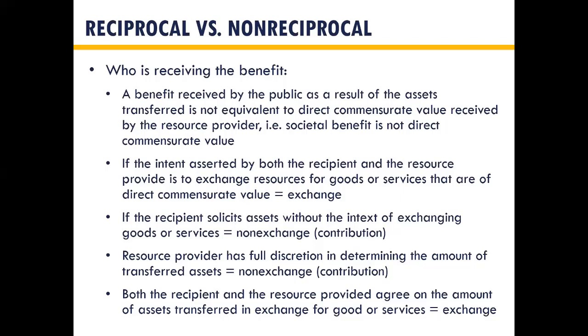So a couple real life examples to put this into perspective. If a nonprofit is receiving money from the government to educate the public on dangers of texting and driving, the general public is the one that's receiving the benefit in this transaction. So there's not direct commensurate value, and that would be considered a non-exchange transaction and be considered a contribution.